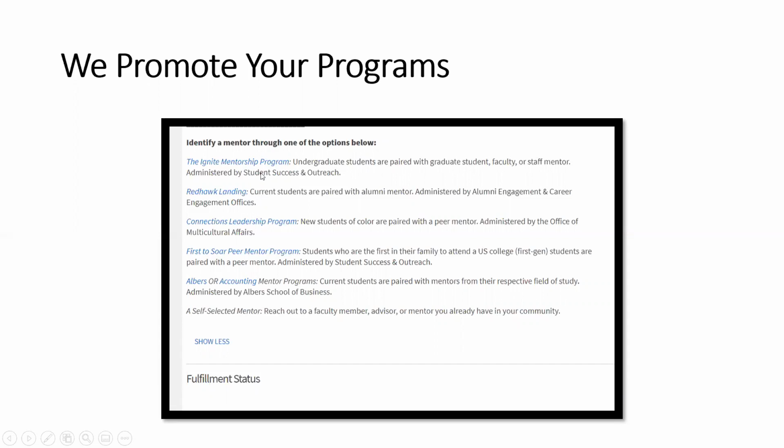If they're already involved, that's beautiful, straight connection. We're pushing the Red Hawk Landing program with alumni engagement. We're also counting our peer mentorship programs that exist. And so it's an opportunity for us to make sure that our incoming students are fully aware of the programs and resources and events that are happening on campus.